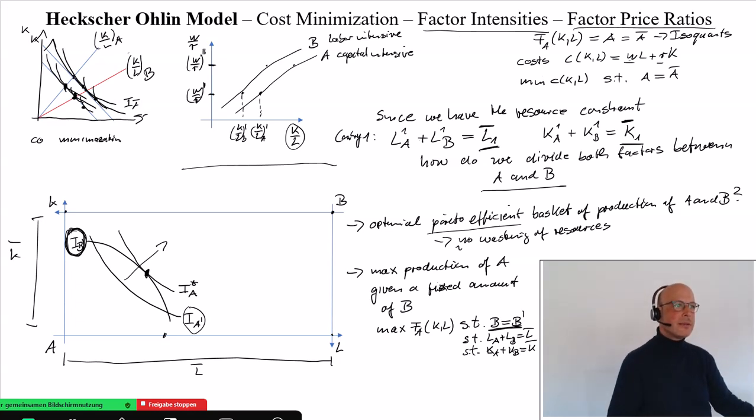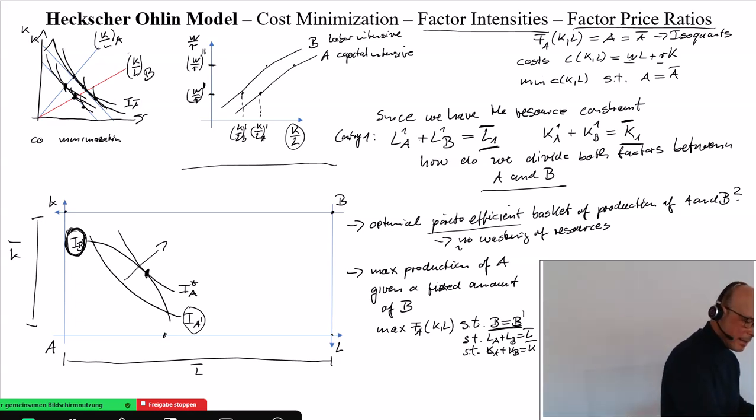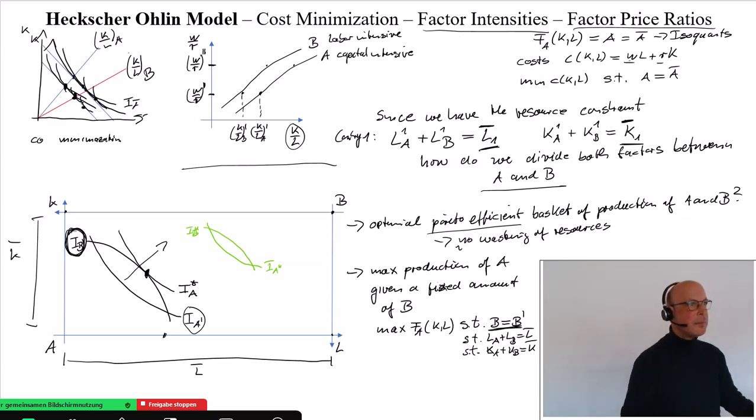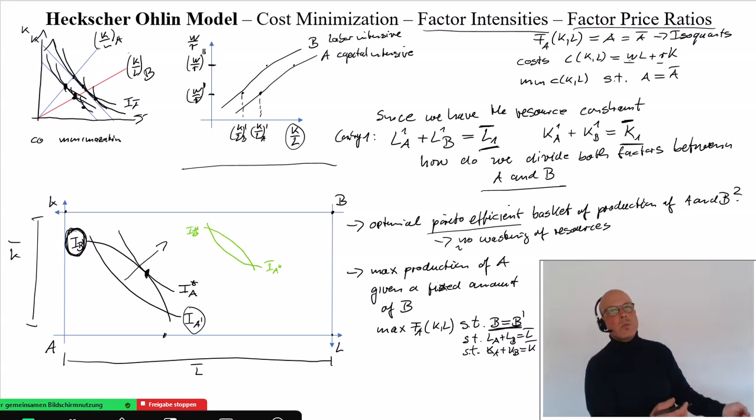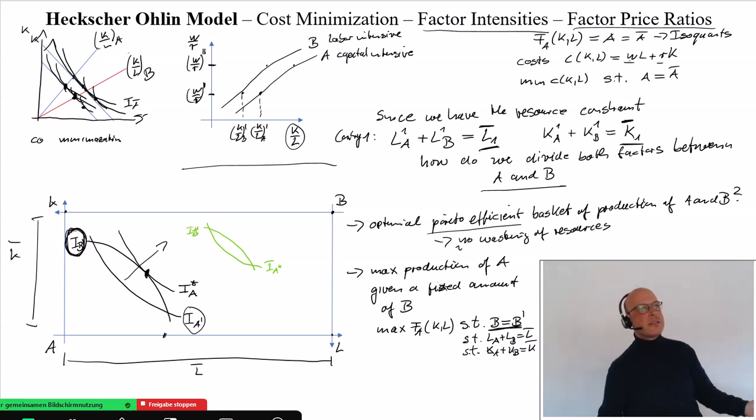output combination that I do not waste any resources. But of course, let's take here another color. We could have also such a situation. Again, I A double prime and I B double prime. And now let's say we look at this problem the other way around.